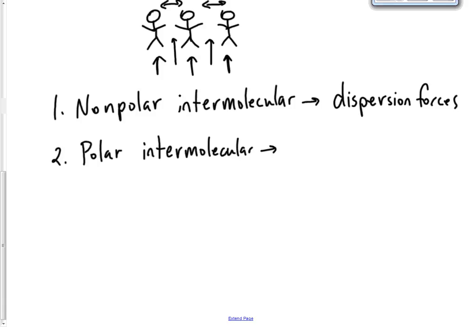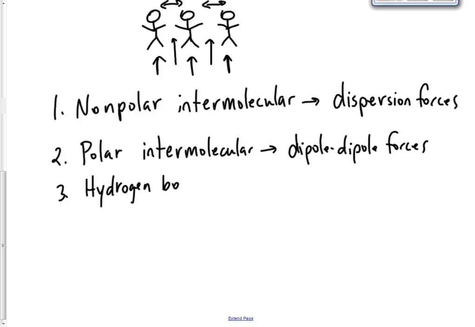In a polar bond, the polar intermolecular forces are dipole-dipole forces. And then the third one is hydrogen bonds. Okay, you don't really have to know anything except that when you have a nonpolar molecule, it's going to be held together by dispersion forces. Polar molecules are going to be held together by dipole-dipole forces, and then just what a hydrogen bond is.